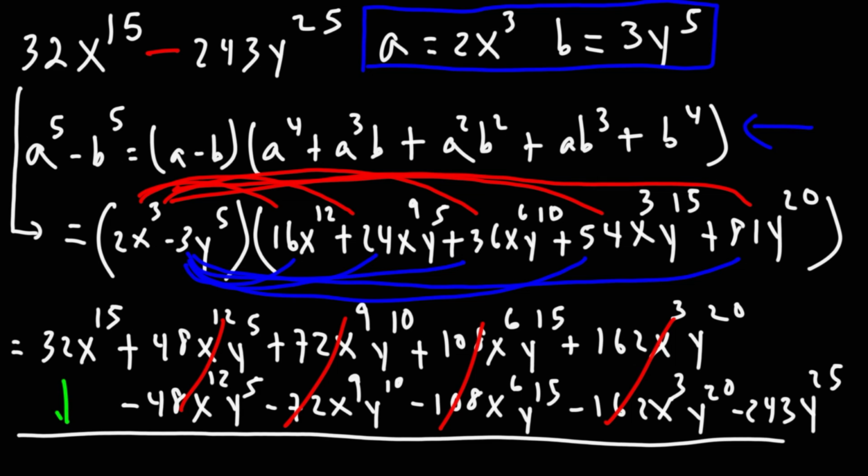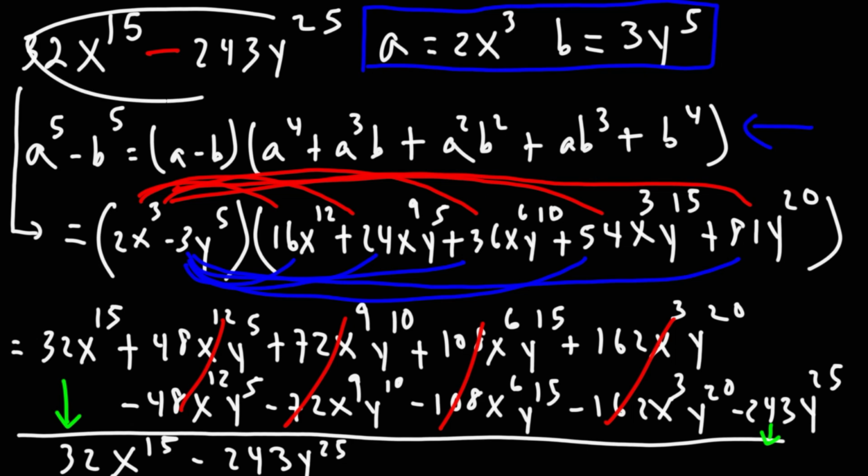So we just get these two terms. So it simplifies to 32x to the 15 minus 243 y to the 25th power. So that's how you can factor a binomial that looks like this using this formula.